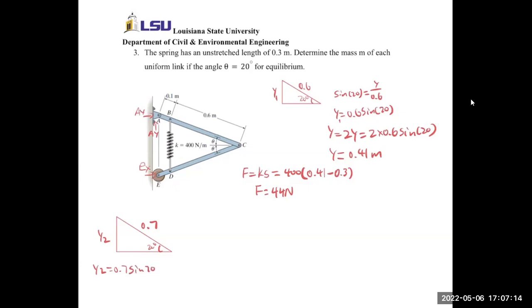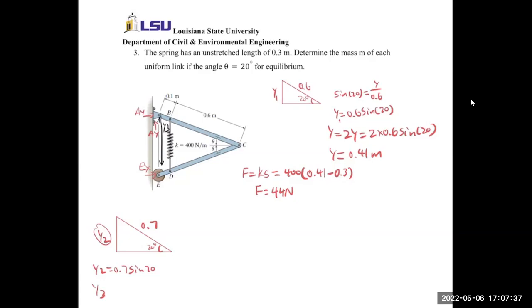But since this Y2 is only for this portion, we also have to consider this portion as well. So it's very easy. We just multiply that by 2. So let's say Y3, it's this distance.